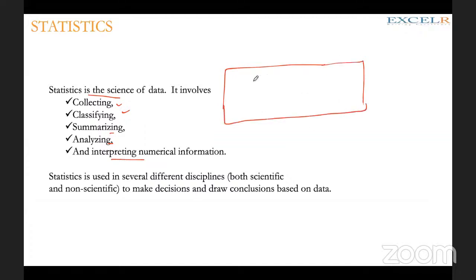and then I can collect the data related to the branch, okay?